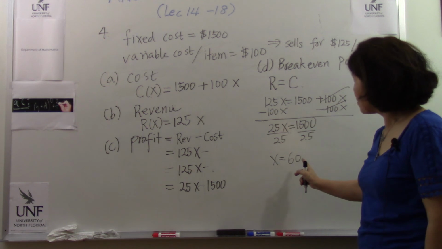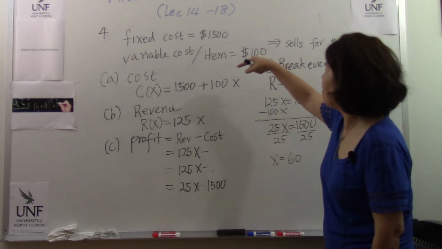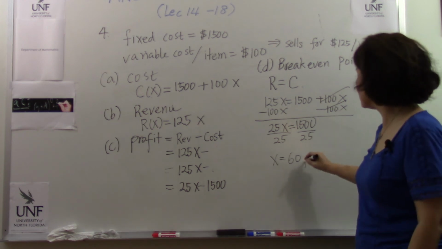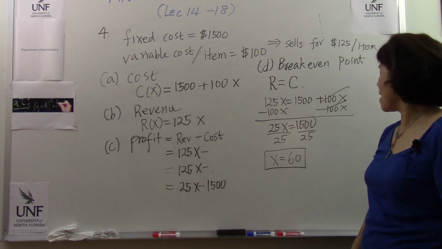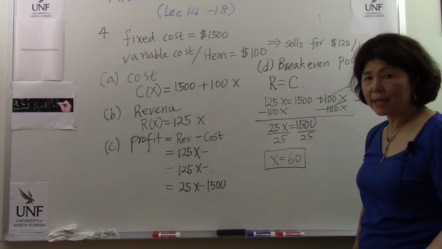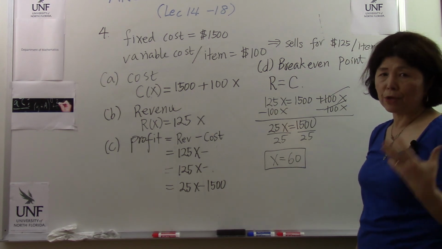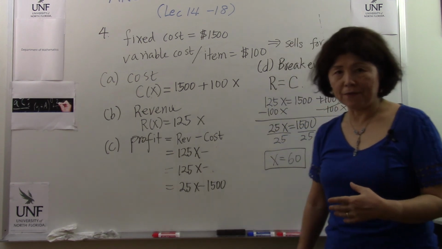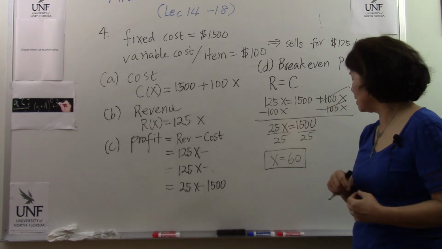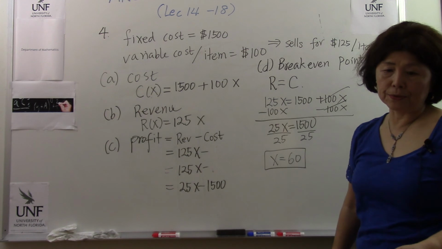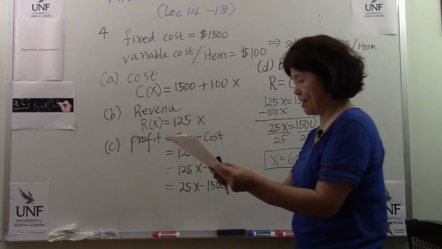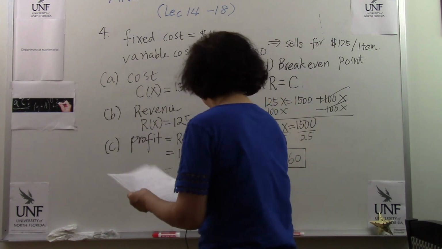You remember x means the number of items you are going to produce and sell. So that means when you make 60 items and sell all of them, you just recover the cost. After that, you are going to have a real profit. That's why this break-even point is so important for those business people. Number 5.